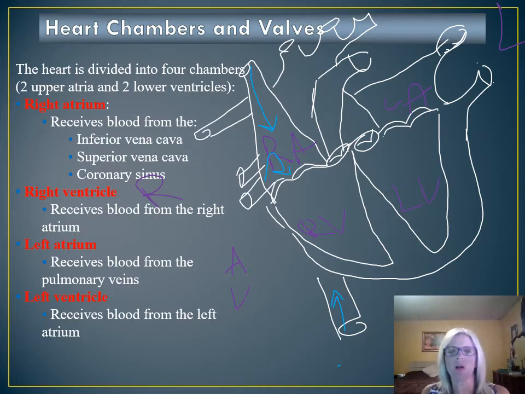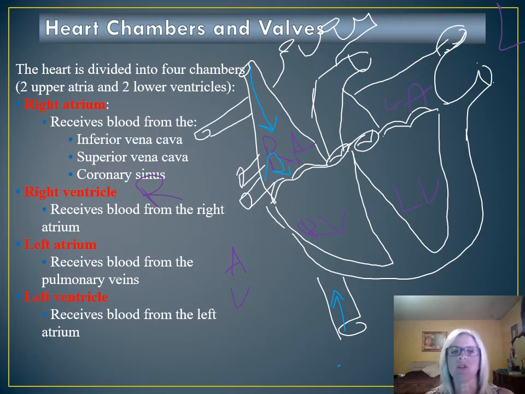So later on, I'll get a white screen and I'll draw this whole thing out for you and diagram the whole thing out. I'll do that in a separate video, I think, because it'll just be a white screen. That is typically what I use for an essay for this unit, because it is so important for you to learn. All right, so it comes from the inferior and superior vena cava and the coronary sinus. I don't have the coronary sinus on here. That is part of what feeds the actual heart itself, and so we'll look at that in lab.